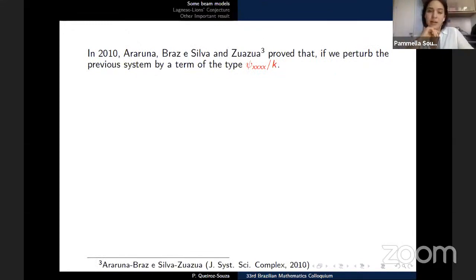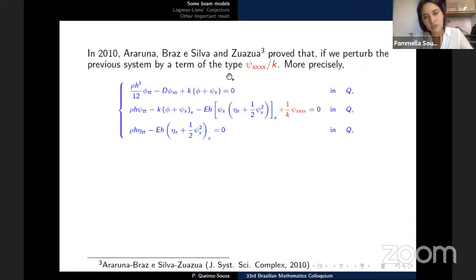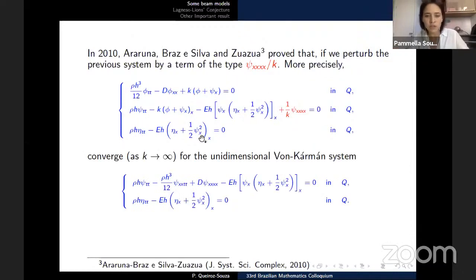The first work that appeared with the intention of giving a definitive and positive answer to the Lagnese-Lions conjecture was the work in 2010 by Araruna, Braz e Silva, and Zuazua, where they proved that, in fact, if we consider the one-dimensional nonlinear Mindlin-Timoshenko system, but here they study the system with a regularizing term, when we pass the limit, the solution of this problem converges as k goes to infinity toward the solution of the one-dimensional von Karman system.